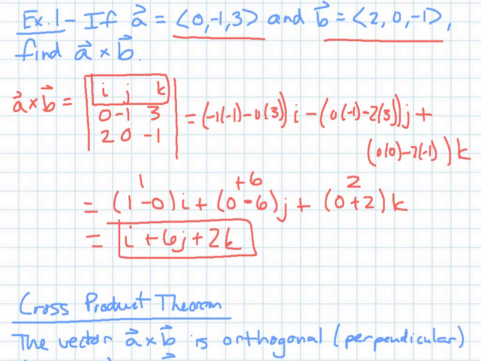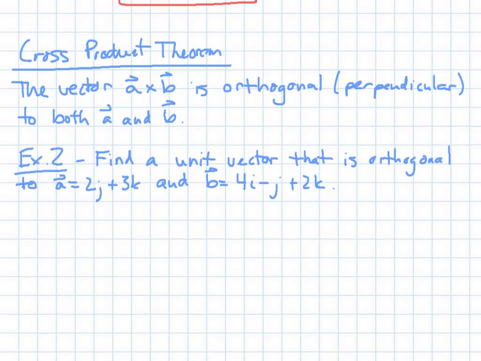And this would be the vector for my cross product. Remember, the cross product is a vector. Now, the cross product theorem says that the cross product of two vectors is orthogonal, or perpendicular, to the two vectors that made up the cross product.